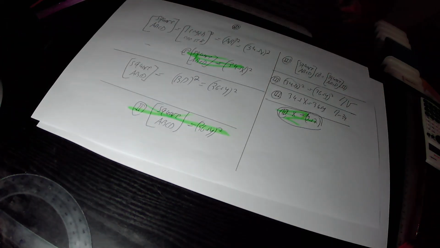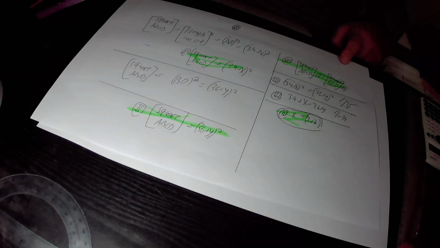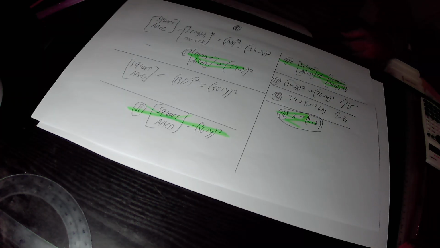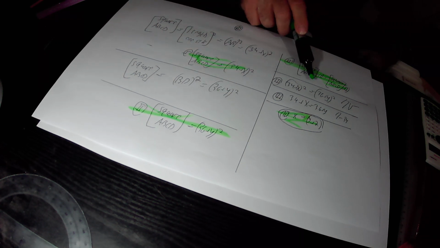Therefore, we get to equation 3, which says that the area of square ABCD according to the first method of calculation must be equal to the area of the same square according to the second method of calculation. So (34 plus x) squared equals (36 plus y) squared.